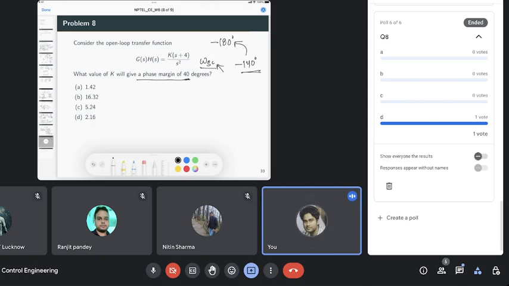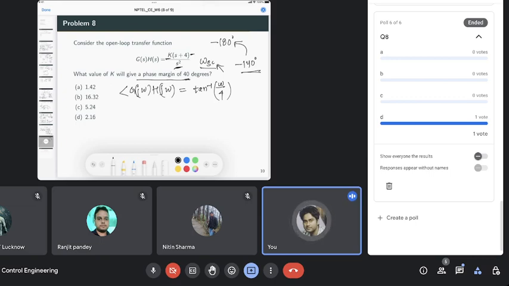So what is this angle? The system is k times j omega plus 4 over j omega squared. K is just a constant term, so it contributes 0 angle. The zero will contribute in a positive way, and the poles will contribute in a negative way because they are in the denominator.